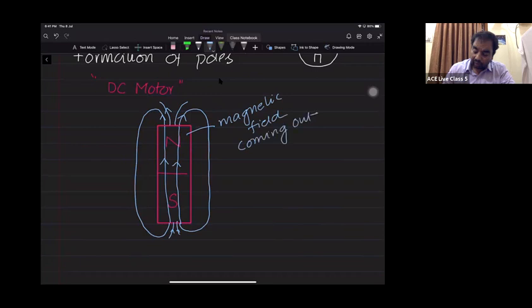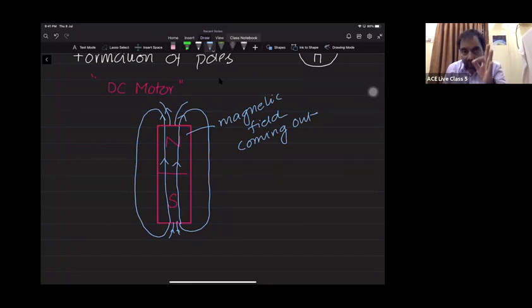So you can imagine a north pole. Why? Because if I'm considering a permanent magnet, the magnetic flux lines will come out from a north pole. If the magnetic field lines are coming out of a core, what is the pole that can be imagined there? A north pole.